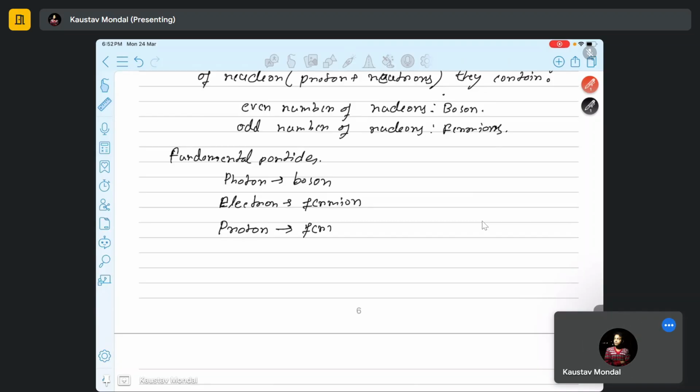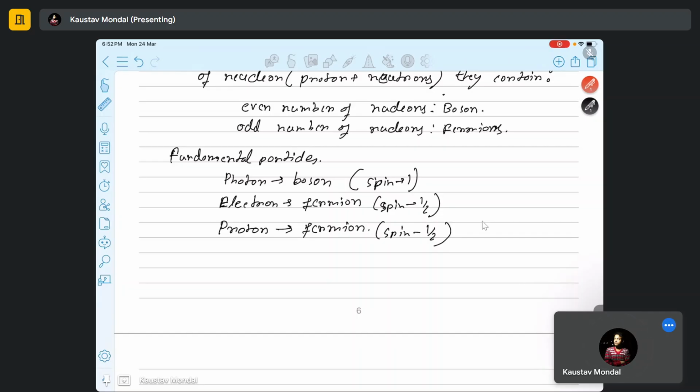Okay. Electron and proton both have half-integer spins, that's why they are fermions. And photon is a boson, with a spin of one, while electron and proton have spin half.